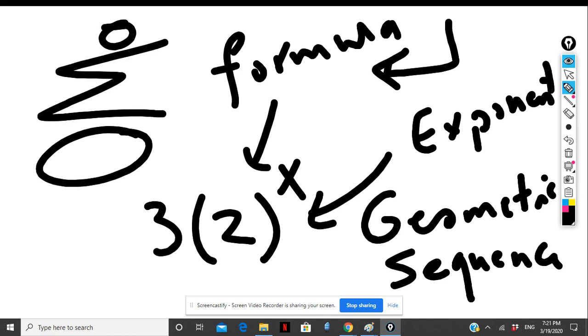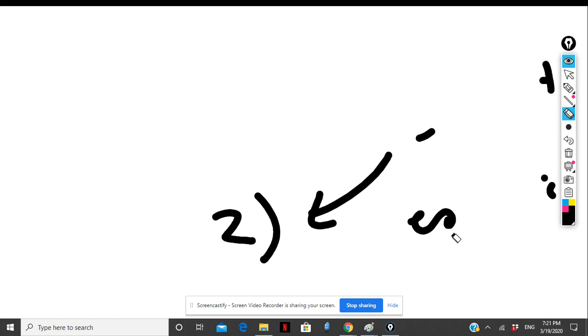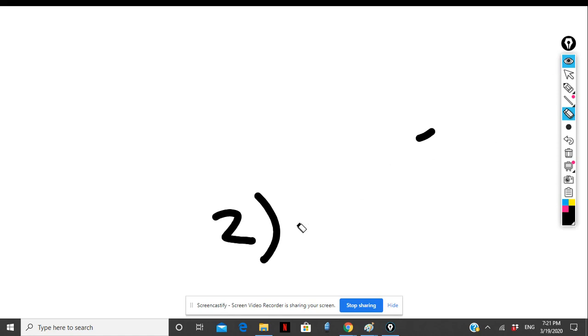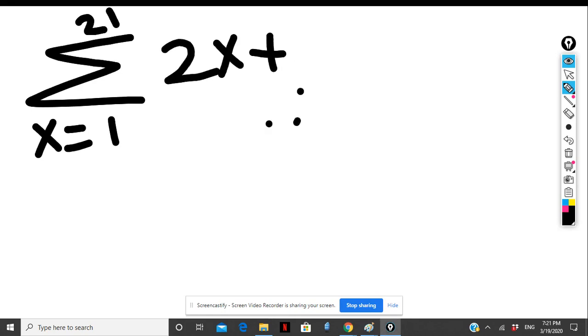So we understand now that sigma notation is asking you for a series. Okay, now, do I have to find all the terms? Like, for example, imagine if I have in that sequence 20 terms. Let's say I have sigma notation x equal to 1 till 21, and I give you 2x plus 3.